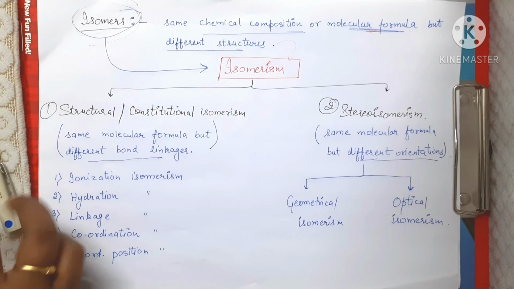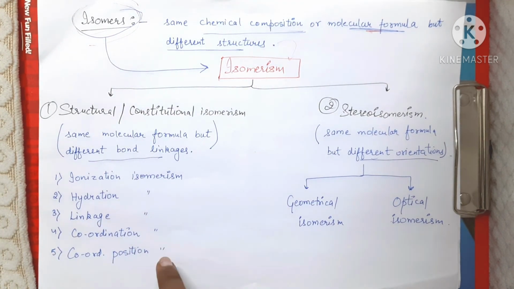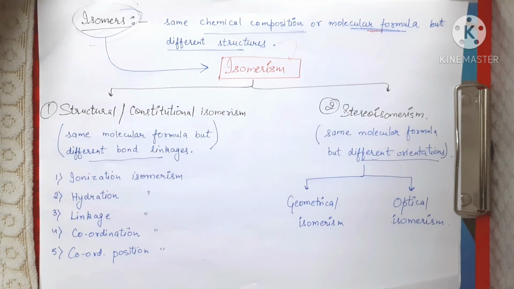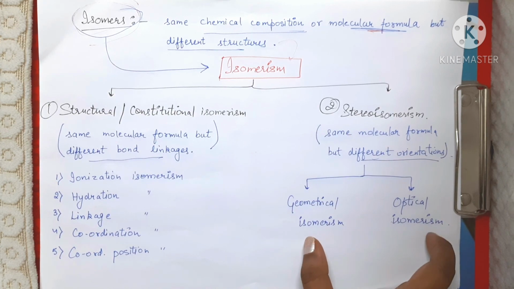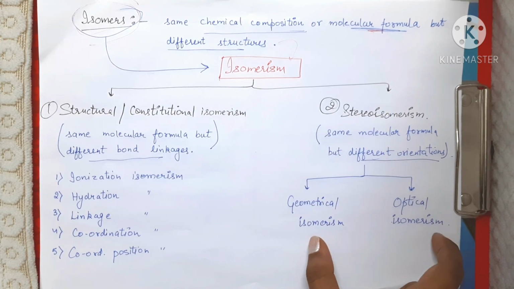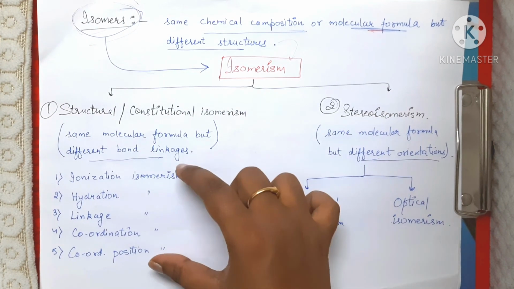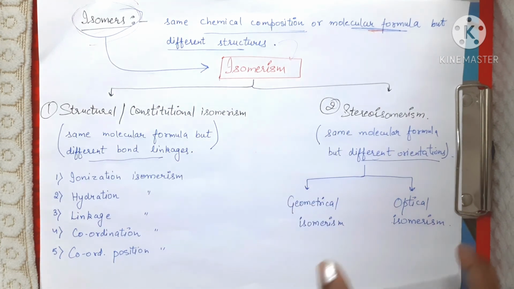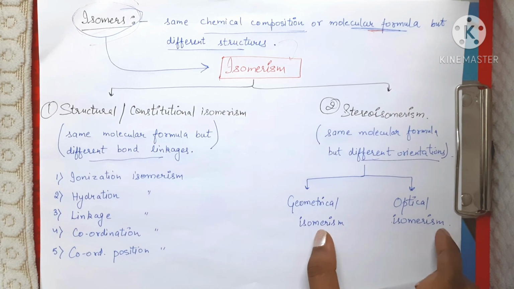In the next video we are going to quickly cover these 5 types of isomerism, which are not too important, but the important ones to study are geometrical and optical isomerism. We'll try to cover these 5 isomerisms in one video, that will be the next video, and the remaining two will take a longer time.